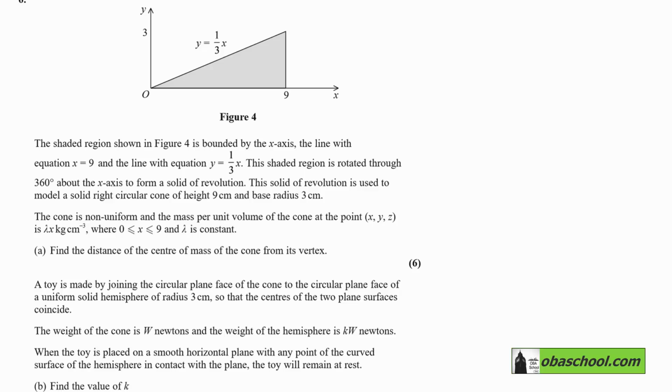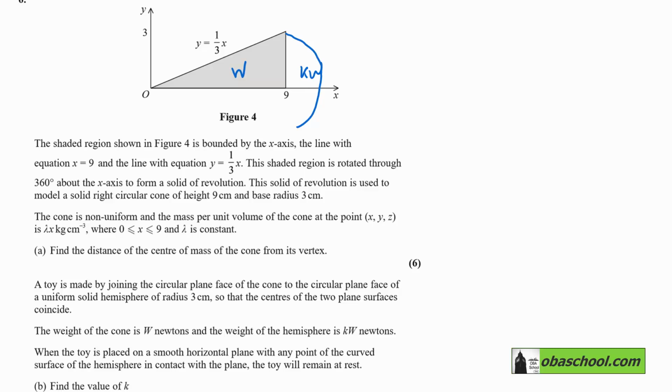A toy is made by joining the circular plane face of the cone to the circular plane face of a uniform solid hemisphere of radius 3 centimeters, so that the centers of the two plane surfaces coincide. So it's going to go on here basically. The weight of the cone is W newtons, and the weight of the hemisphere is kW.